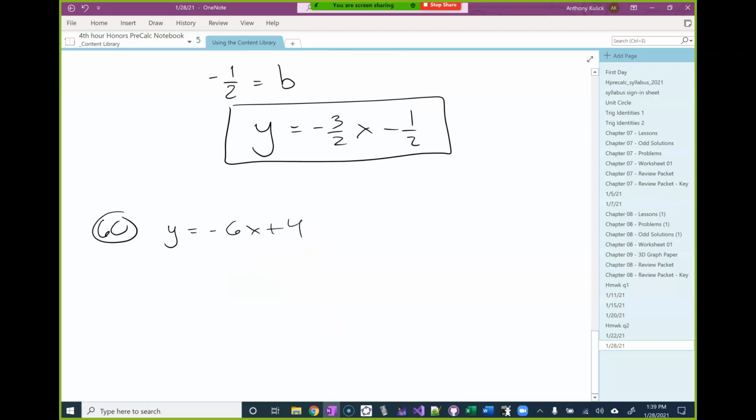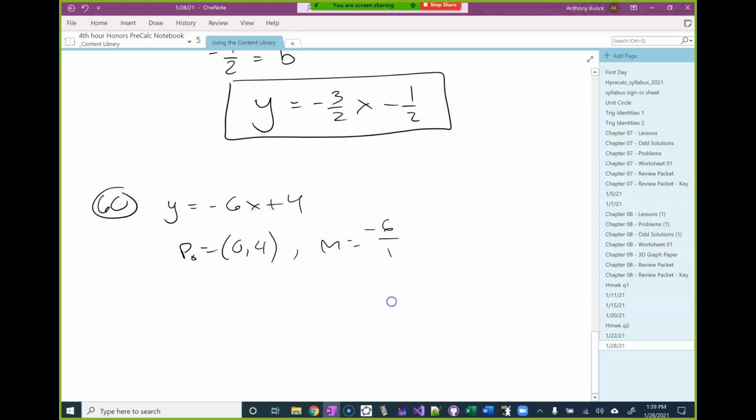So the first thing I'm going to do is I'm just going to write this in IB component form. So my point is I'm just going to use the y-intercept. And the slope I'm going to use just reading from the equation. Good with that? Okay. So that point becomes my point vector, and the slope becomes my direction vector.